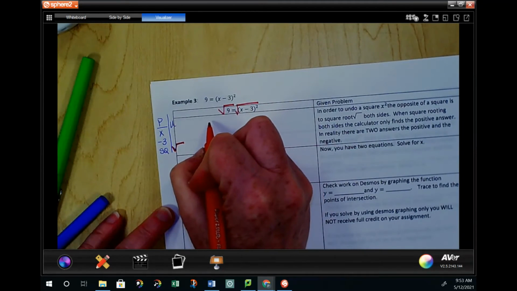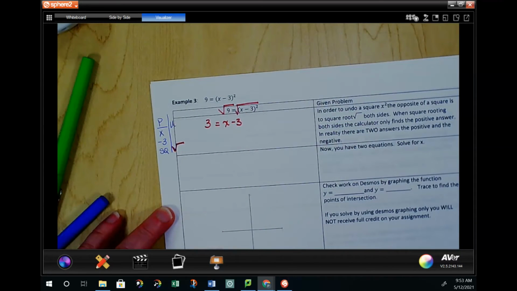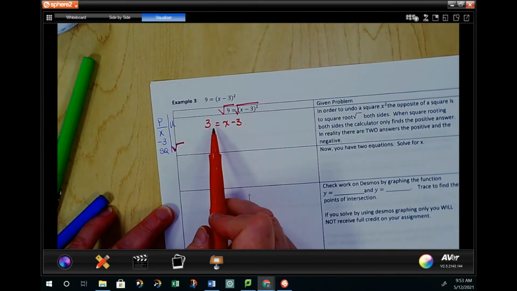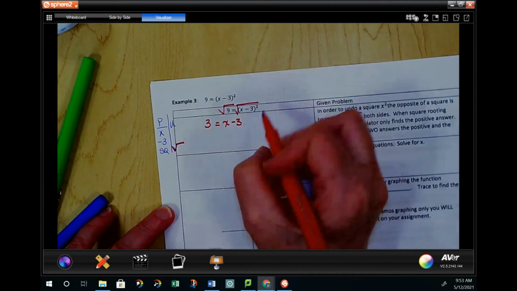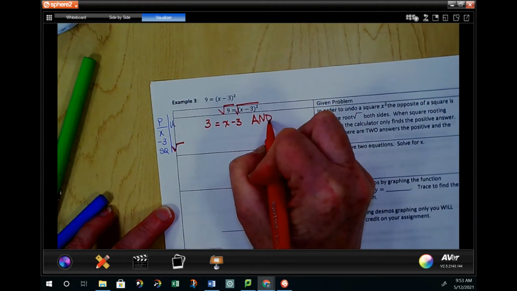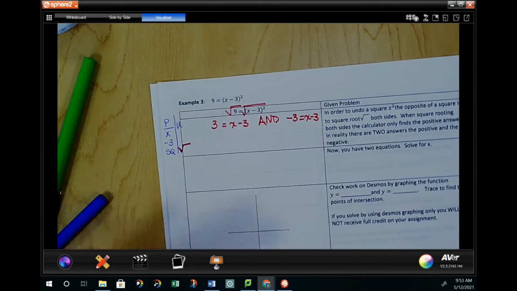So now I get 3 is equal to x minus 3. Oh, wait a second. But I know with Desmos, the square root of 9 is positive 3, and negative 3 is x minus 3. So I know that I'm going to have both of those.